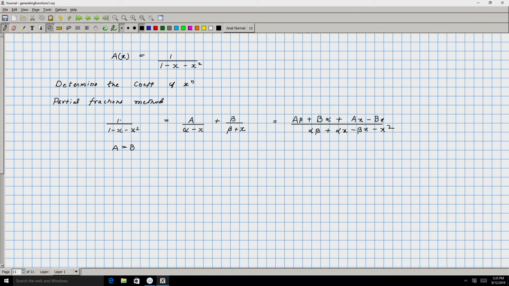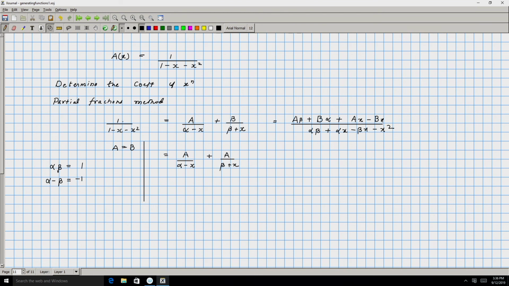So a is equal to b, and therefore we can simply write this as a by (alpha minus x) plus a by (beta plus x), where alpha and beta have to satisfy additional conditions. By comparing the coefficients, we will get alpha beta should be equal to 1 and alpha minus beta should be equal to minus 1.